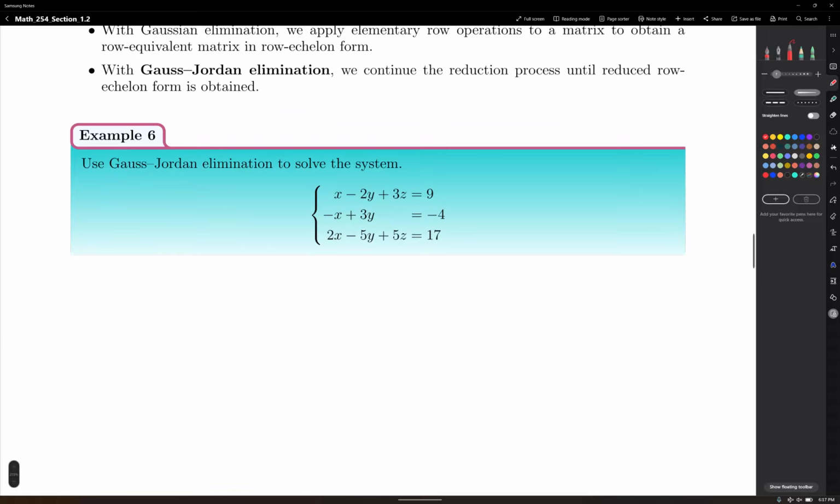Let's write an augmented matrix: 1, -2, 3, bar 9; -1, 3, 0, -4; 2, -5, 5, 17. Okay, how are we going to start the problem with matrices, no x's, y's, and z's, etc.?